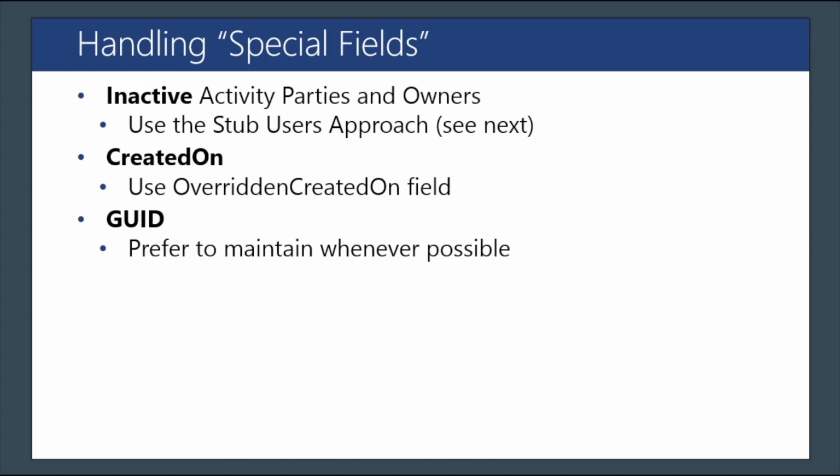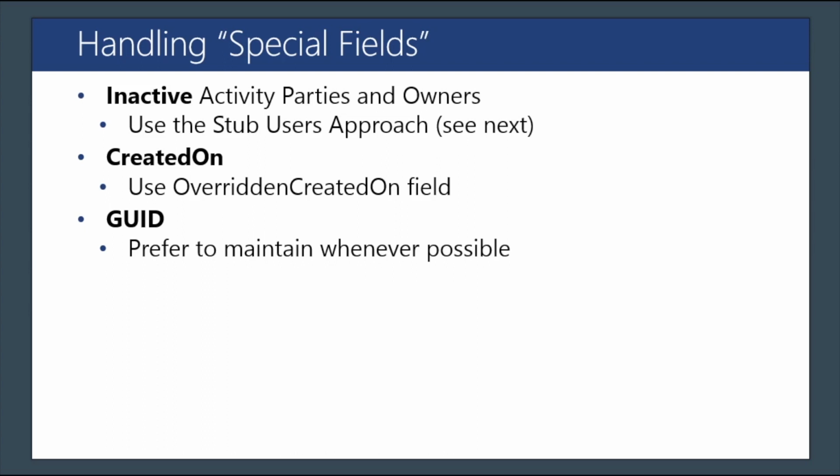You will have to map the overridden created on field instead, and that one will then prevail and be updated in the system as such. So if the system sees that the overridden created on field is populated, then it will take that as the original created on field value for that record.